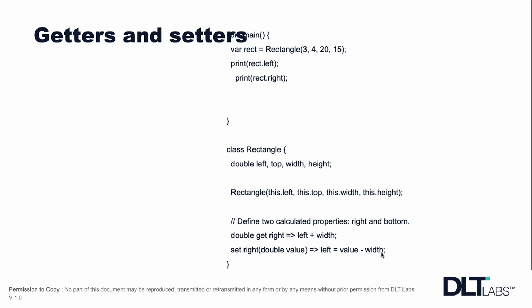So if you want to get the right point, you have to get left plus the width of the rectangle. So you will automatically reach the right. And if you want to set the right, whatever value you pass, the left will be the received value minus the width of the rectangle.